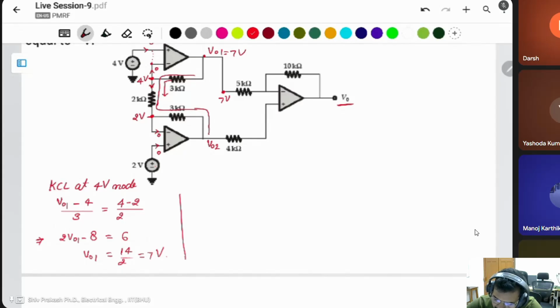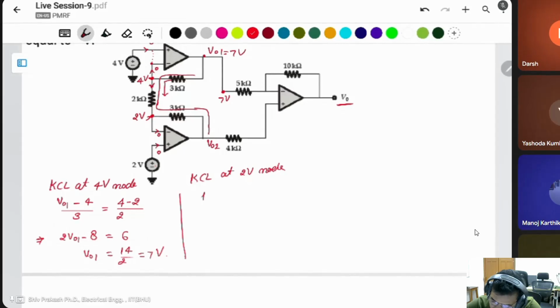Same thing we can apply at the 2 volt node. KCL at the 2 volt node. Incoming current in this case is (4 minus 2) divided by 2 kilo ohm. This is equal to (2 volt minus V02) divided by 3 kilo ohm.